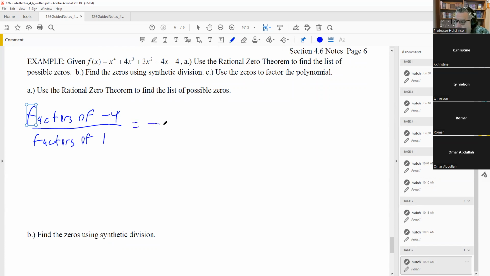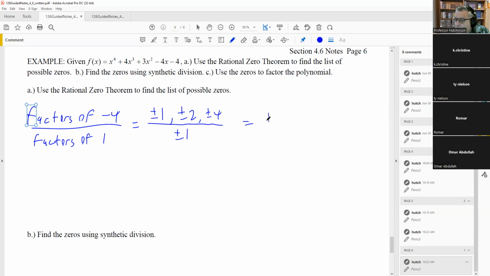By the way, when we put the plus or minus signs next to it, that's why it doesn't matter if this number here is positive or negative, because putting plus or minus takes care of all the plus minus combinations. So that's why it doesn't matter if it's minus or plus, we're still putting plus or minus on here anyway. The numbers that divide evenly into 4 will just be 1, 2, and 4, and that's it. On the bottom, I just have plus or minus 1.